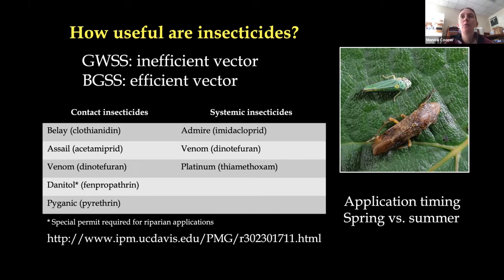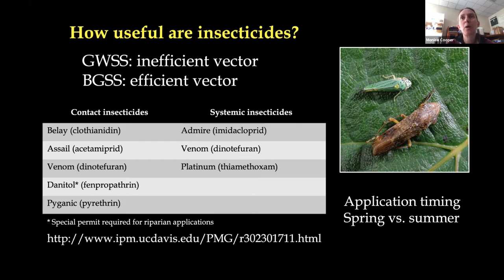We've tried to control the adult sharpshooters in the spring as they're migrating into the vineyard, and I think that's a pretty difficult proposal. It doesn't work very well with systemic insecticides because the vine is not taking up enough of the active ingredient to kill the blue-green sharpshooters at that time of year.